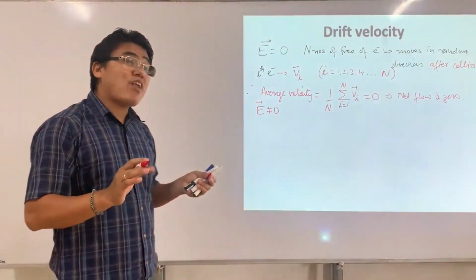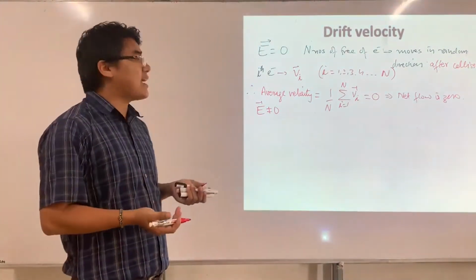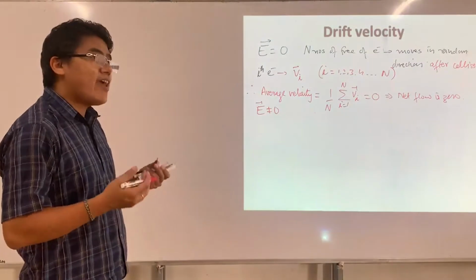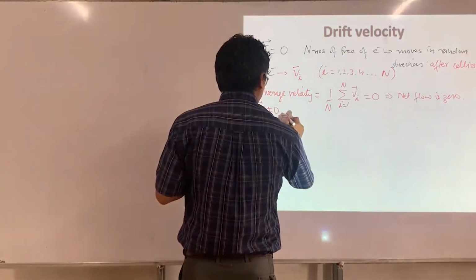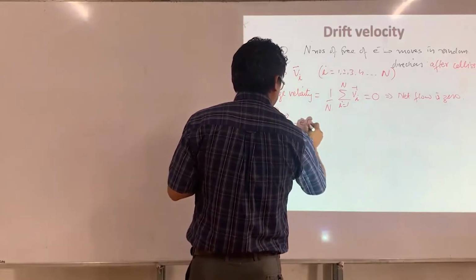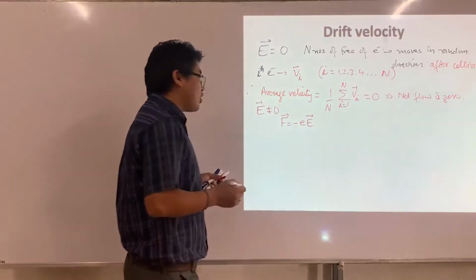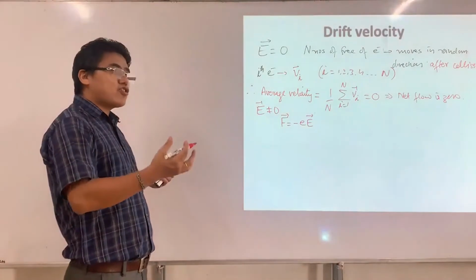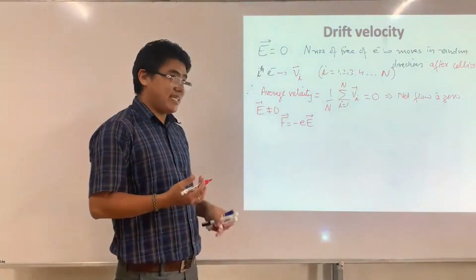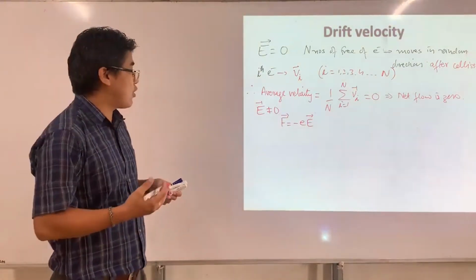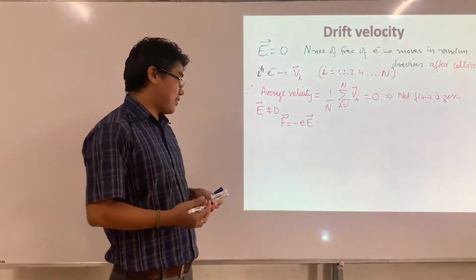When I apply an electric field, every electron experiences an electric force. The electric force is going to be minus eE. Why? Because the direction of the electric field and the direction of force are opposite. Therefore I write minus e; minus e refers to a force direction opposite to the electric field.